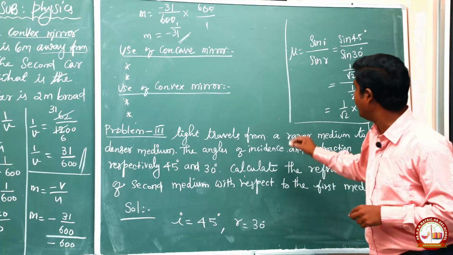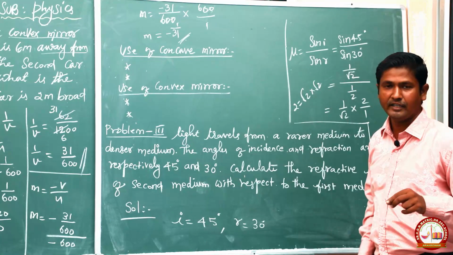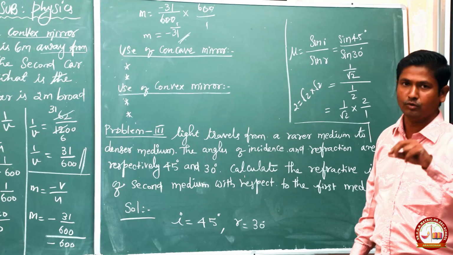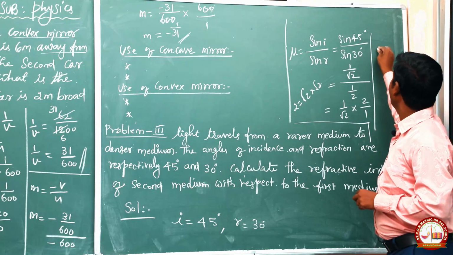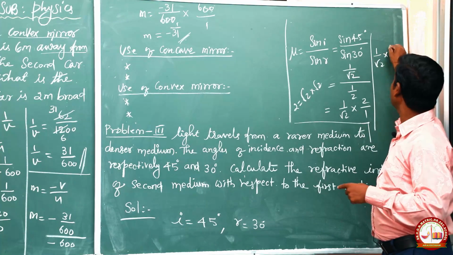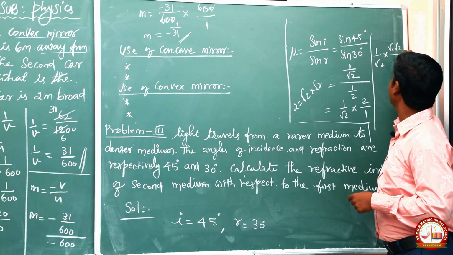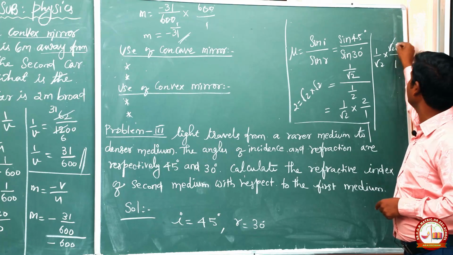Write the ordinary 2 as root 2 into root 2. Substituting, 1 by root 2 into root 2 into root 2 divided by 1. Root 2 cancels root 2.